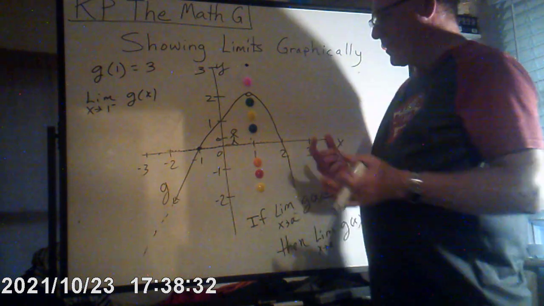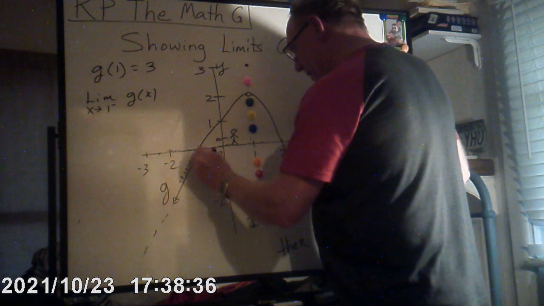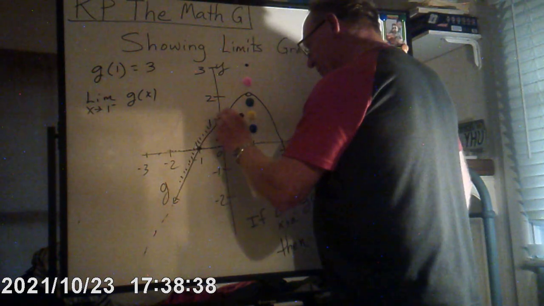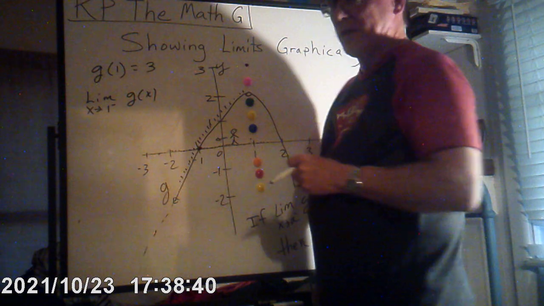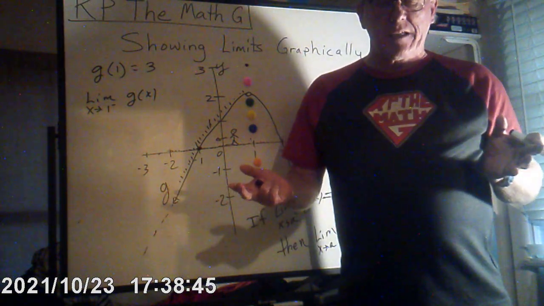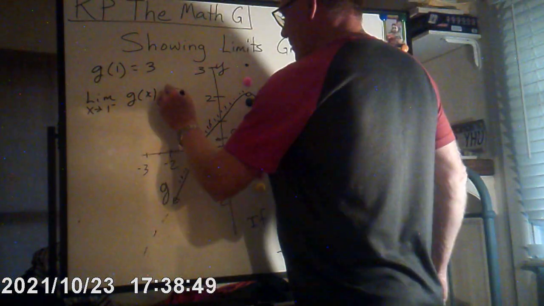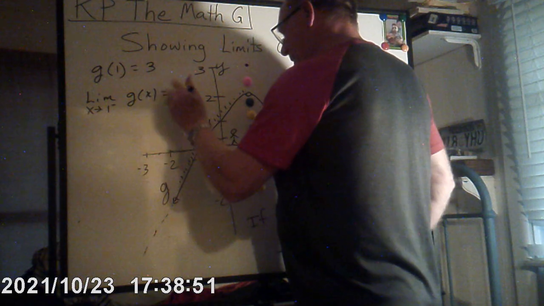The answer to that is, if you walk up this hill here, do you approach the hole? Even though it's a hole, do you approach the hole? The answer is yes. So yes, the limit from the left does exist. The limit is 2.